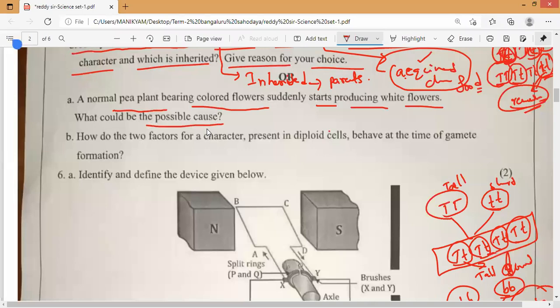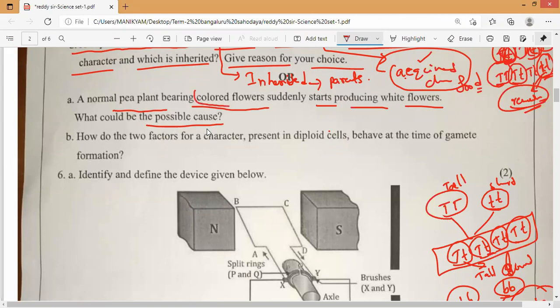Anybody can tell me? We can say it is producing colored flowers.